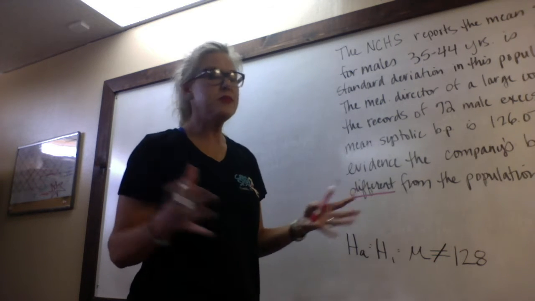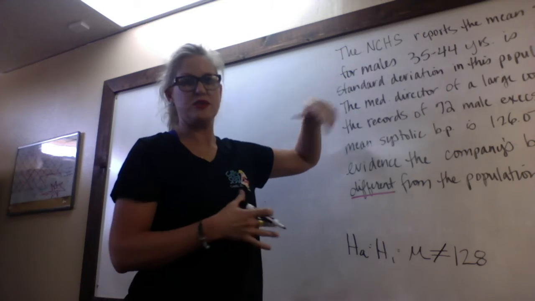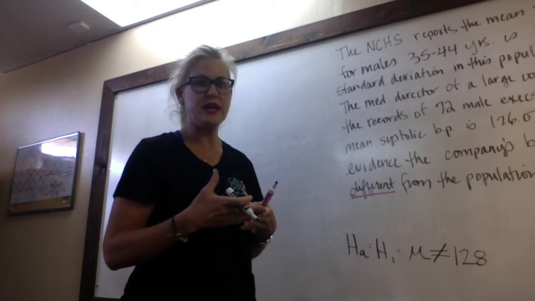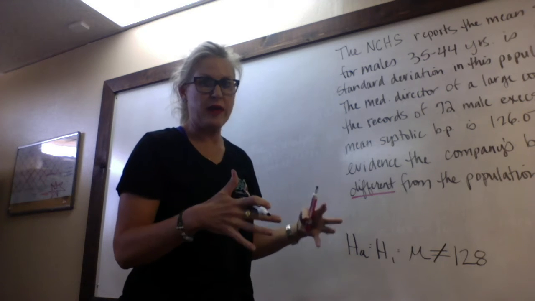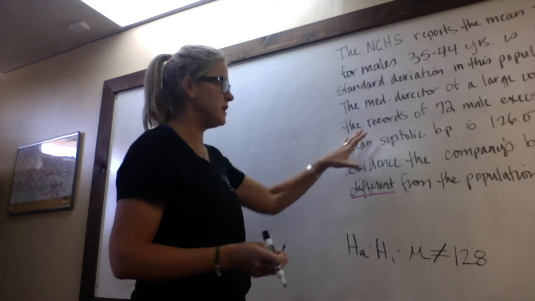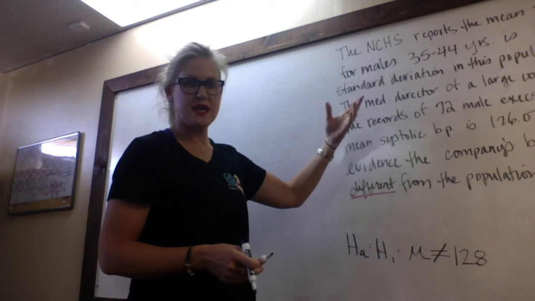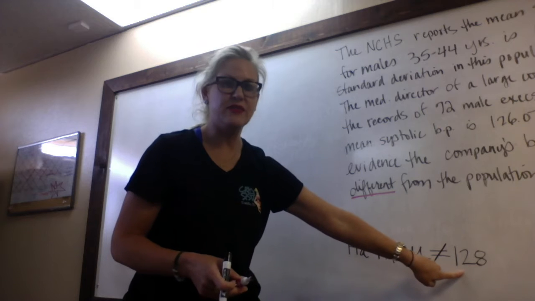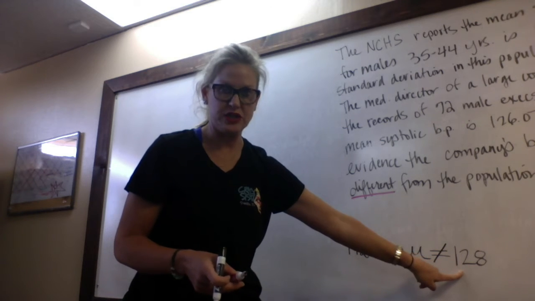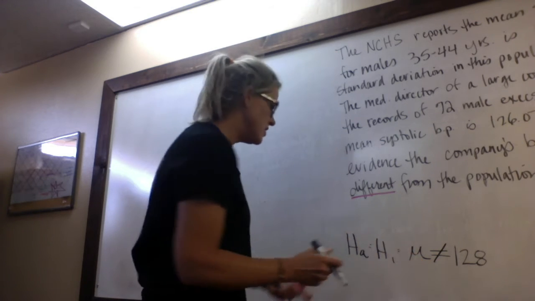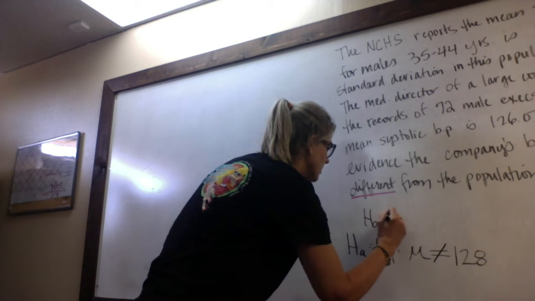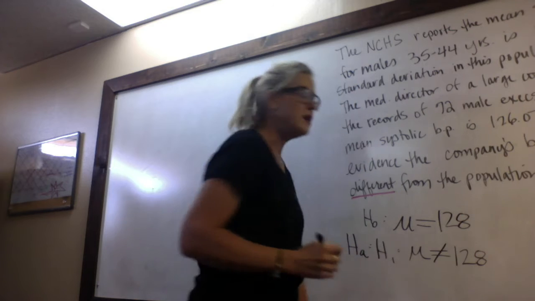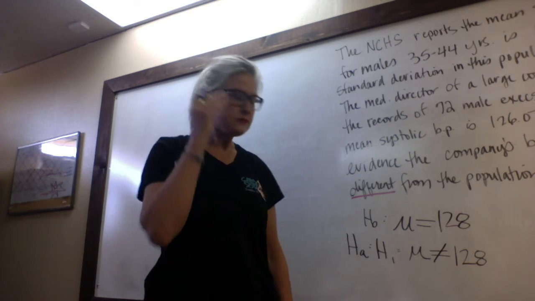If the National Center for Health Statistics, which has done research for generations, has determined that 128 is where the population shakes out, this particular medical director wants to see if his sample of these executives is different from what the population standard is. So that means the null would be equal to 128.